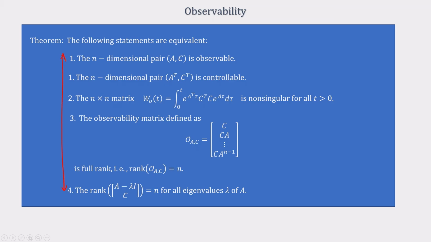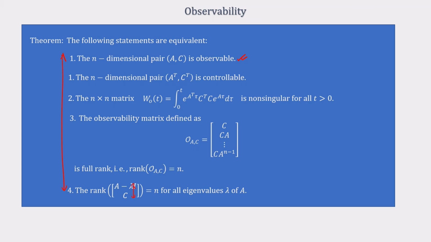I do not even have to prove these statements, because by duality itself I can directly say that these statements will be true. So, a system is said to be observable if and only if the observability Gramian, as it is now called, is non-singular, the observability matrix has full rank, or the rank of [A minus lambda I; C] is equal to n.